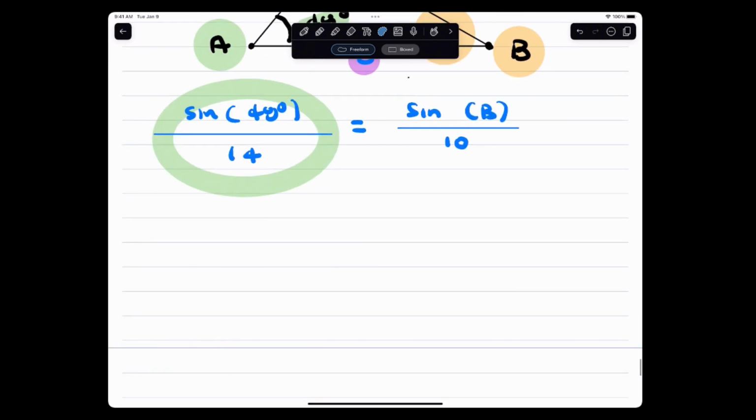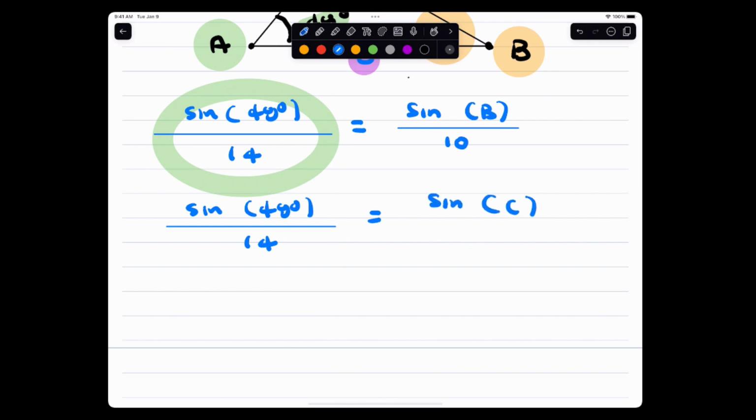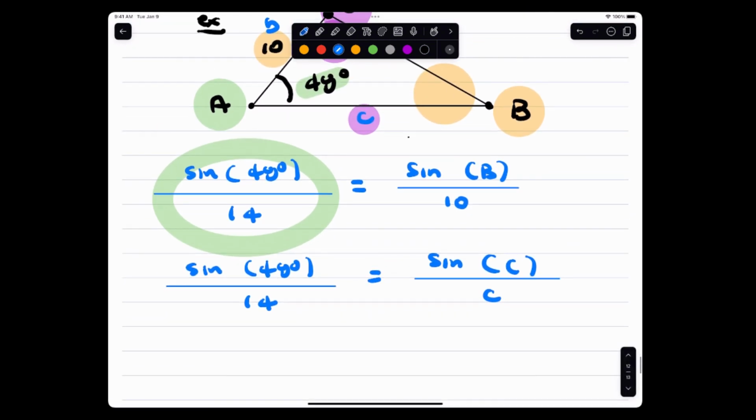So if you said, I want to start everything like we've been doing, to say this is sine of what? 48 degrees over what? 14. And this is going to be sine C over little c. So you're going to say, okay, I'm going to start with what is known.